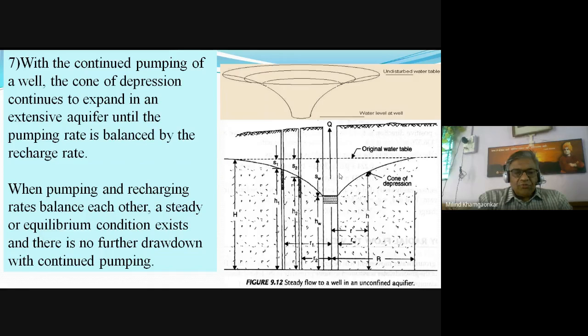So you must have understood the concept of the cone of depression. It is formed due to the pumping of water through the well. As this pumping continues, meaning the pumping is uninterrupted and not broken, what will happen? Initially, if the water is just 1 meter below the original water table, then the cone of depression will be small.